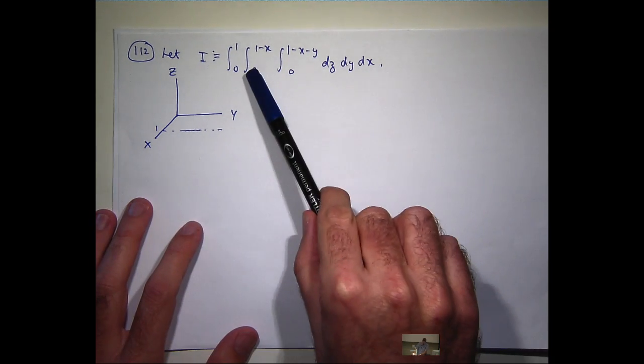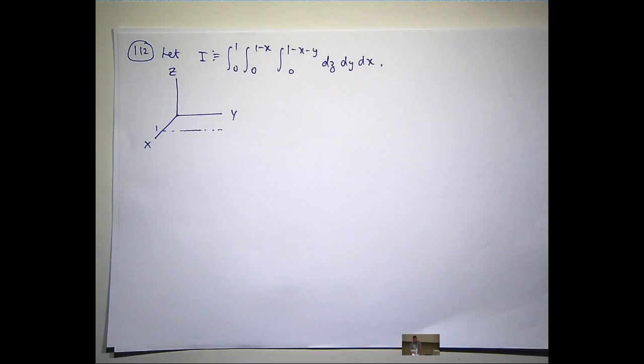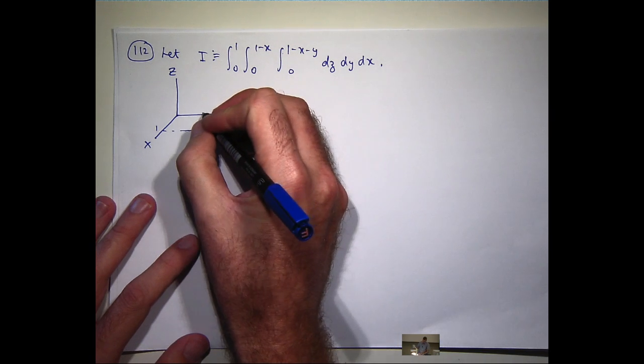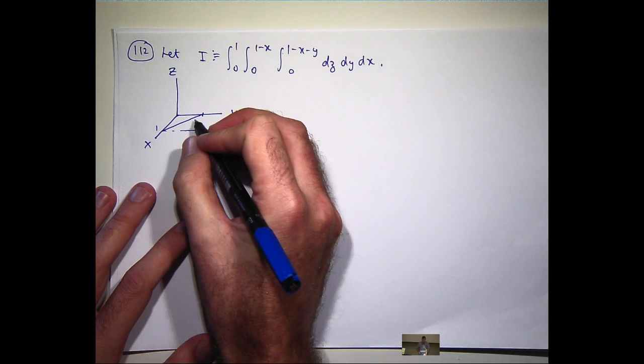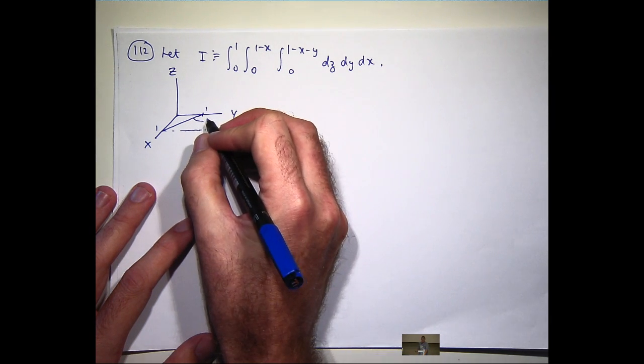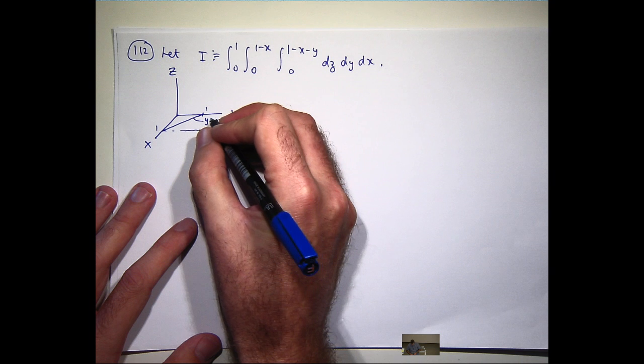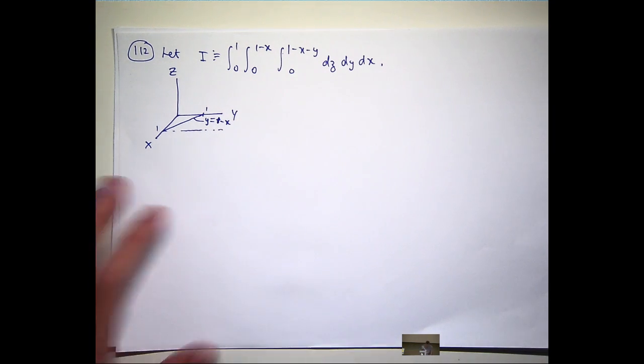Now, y is between 0 and 1 minus x. Now, if I sketch that in the xy plane, y equals, I'll get something like that.